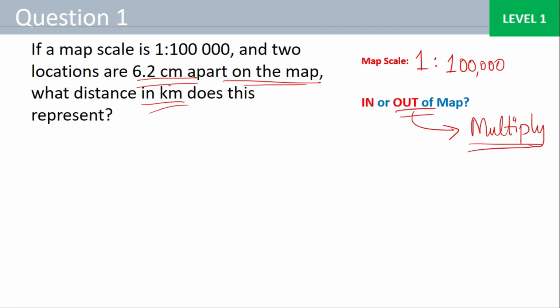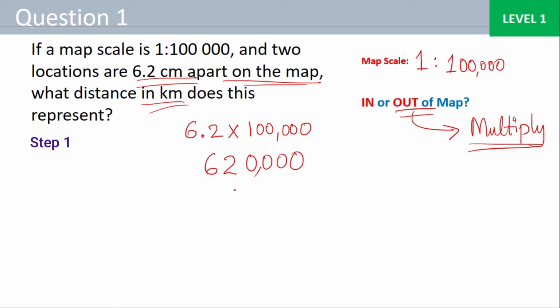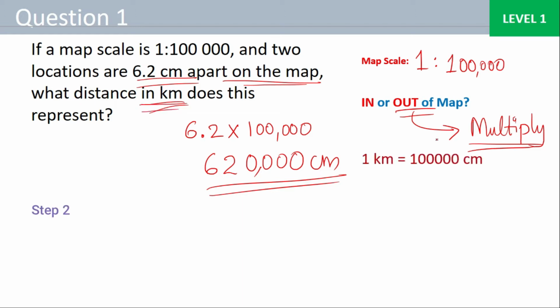So they are 6.2 centimeters apart. So multiplication, you have 6.2 multiplied by 100,000. So it's going to be 62 and 4 zeros, which is 620,000 centimeters. Now the question is to find the distance in kilometers. We know 1 kilometer is 100,000 centimeters.